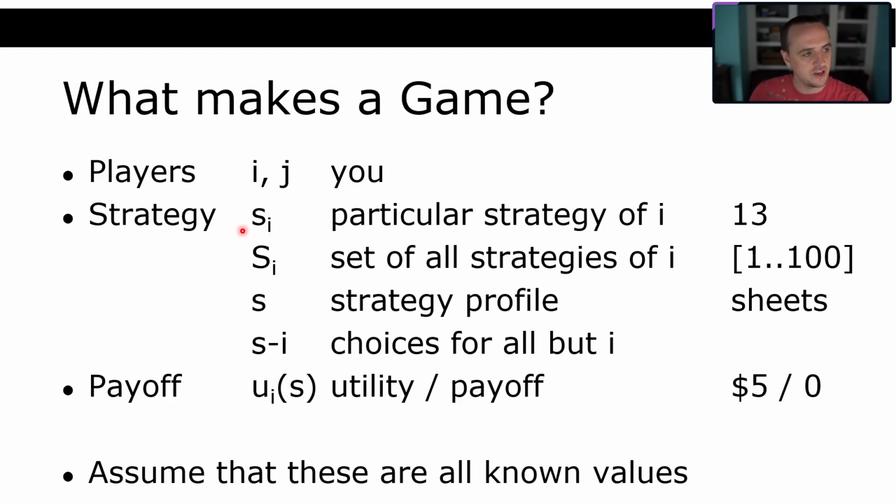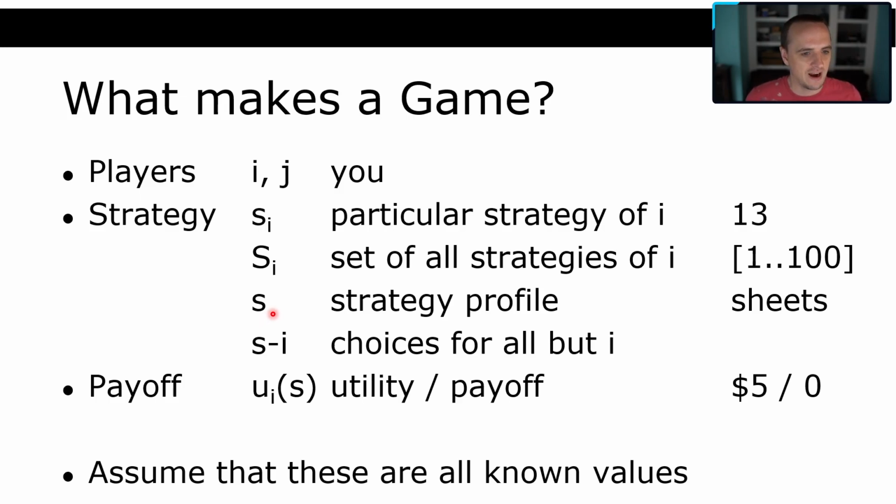So the strategy of I, if you're player I, is the number that you chose. So for example, maybe I'm player I, and I chose 13, then S_I would be 13. Now, there's another thing called big S_I, and that's the set of all possible strategies for a particular player, right? So big S_I would be all the numbers from 1 to 100.